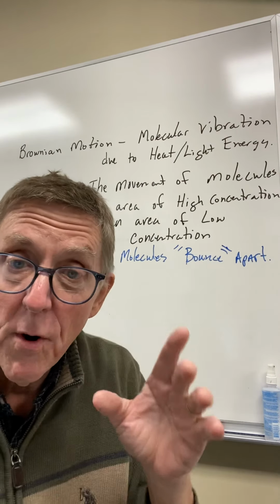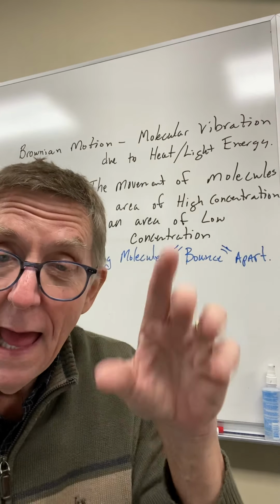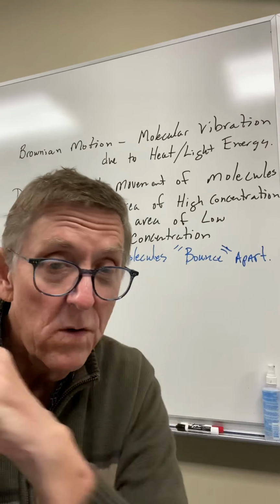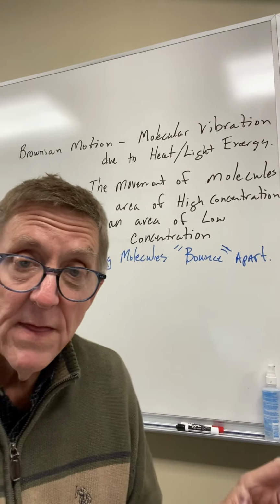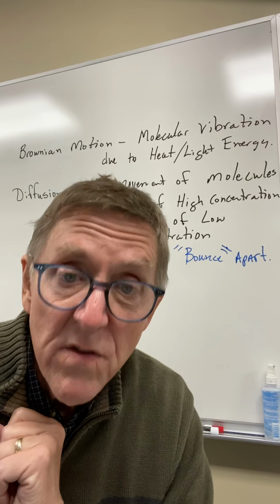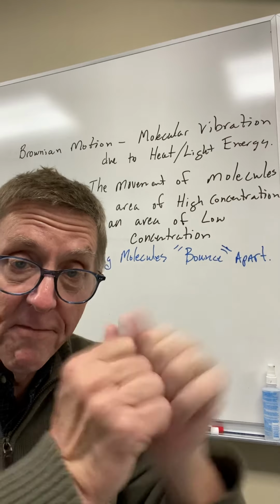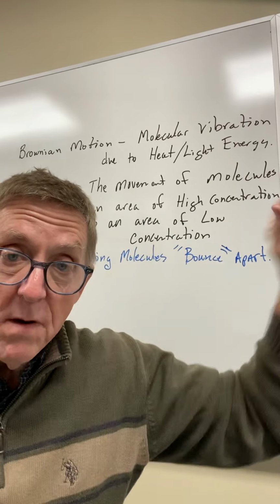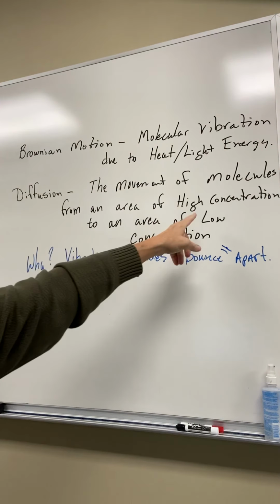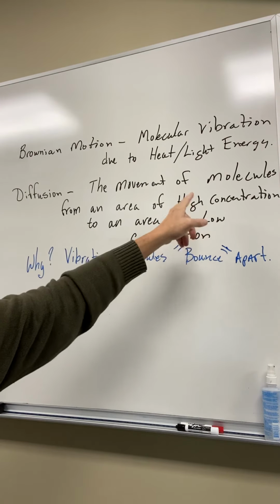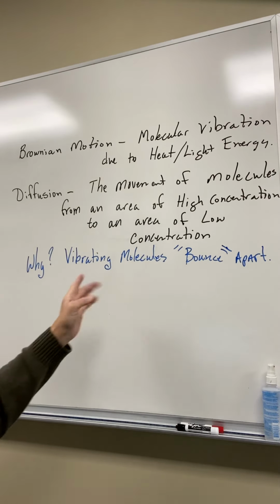If you think of a perfume bottle, you pop the top in the bathroom, and at first you smell it, and then you put it down, and on the other side of the room, you can smell it over there. What's happened is those molecules have vibrated into each other and bounced apart in a process we call diffusion, which is a movement from an area of high concentration to an area of low concentration.